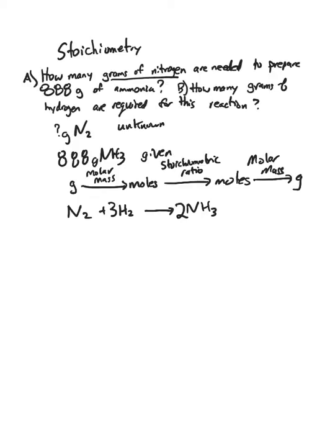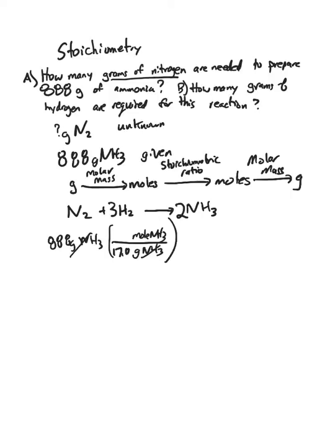So we're going to start out with 888 grams of ammonia. We're going to change that to moles of ammonia. So we need to know the molar mass of ammonia. We get that from the periodic table. It's 17.0 grams. So now grams of ammonia cancels.